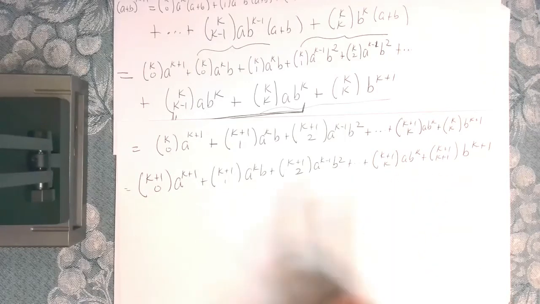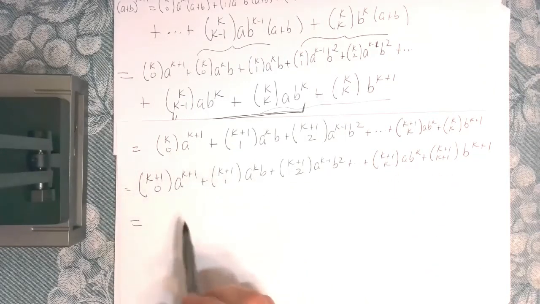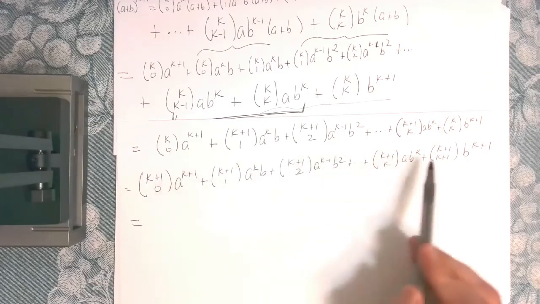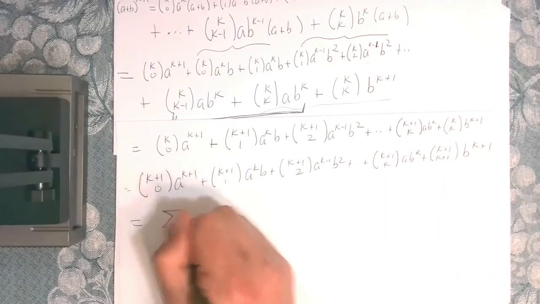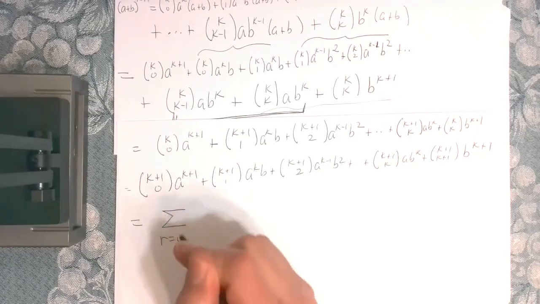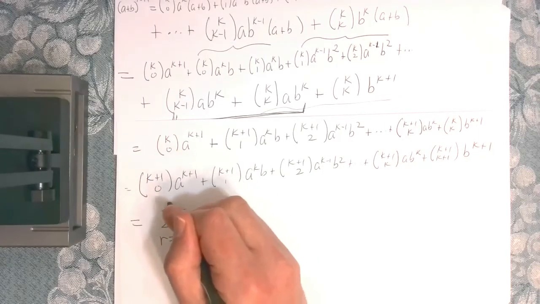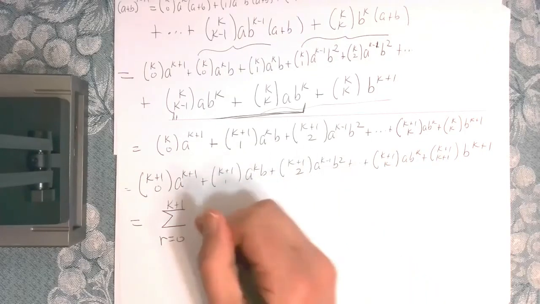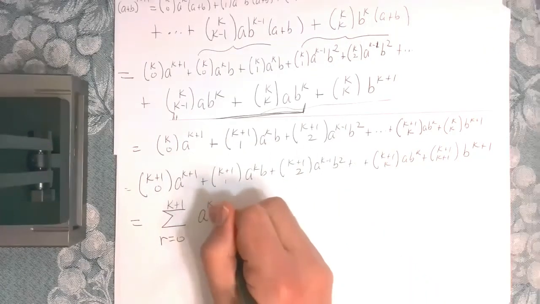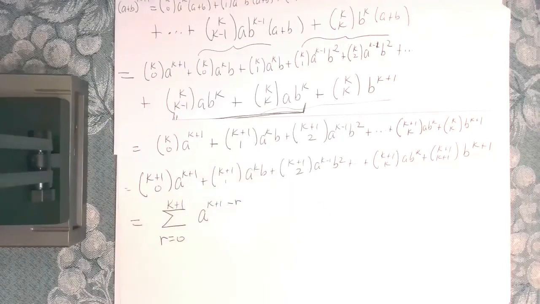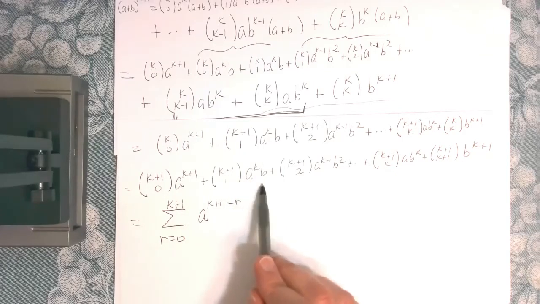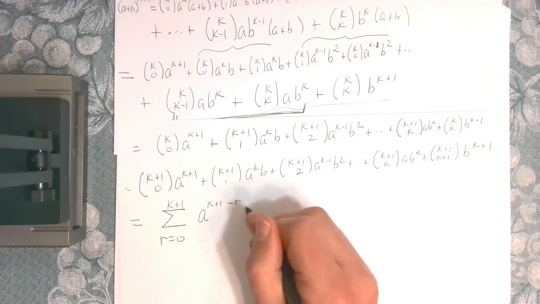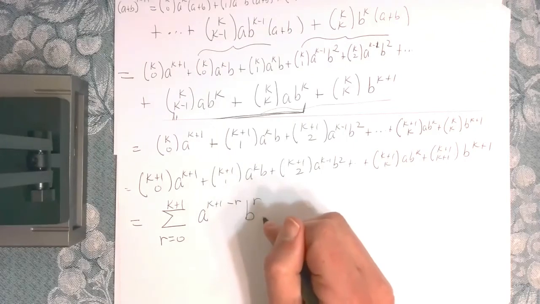So now I just want to write this in summation. So let's see here. R is going from 0 to k plus 1. For the a's, we have a to the k plus 1 minus r. And if you check this, if I plug 0 in, I do get this. If I plug 1 in, I do get this, right? And then b to the r. And that's what we wanted to prove.